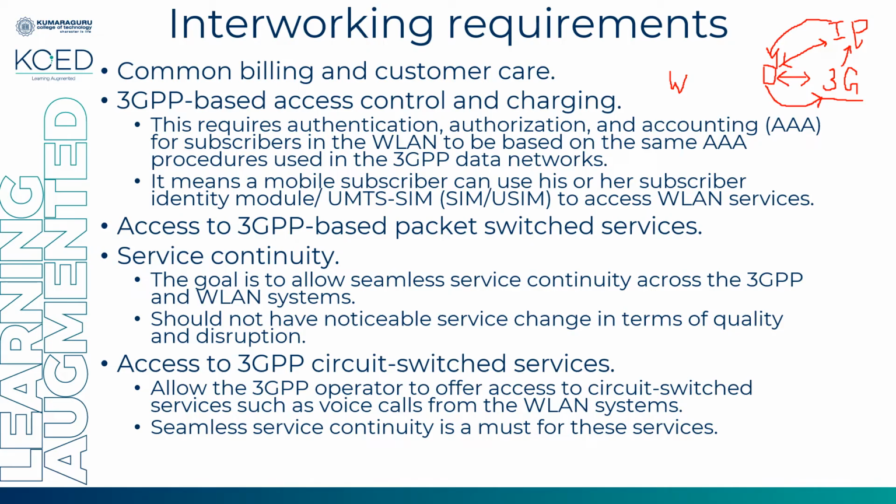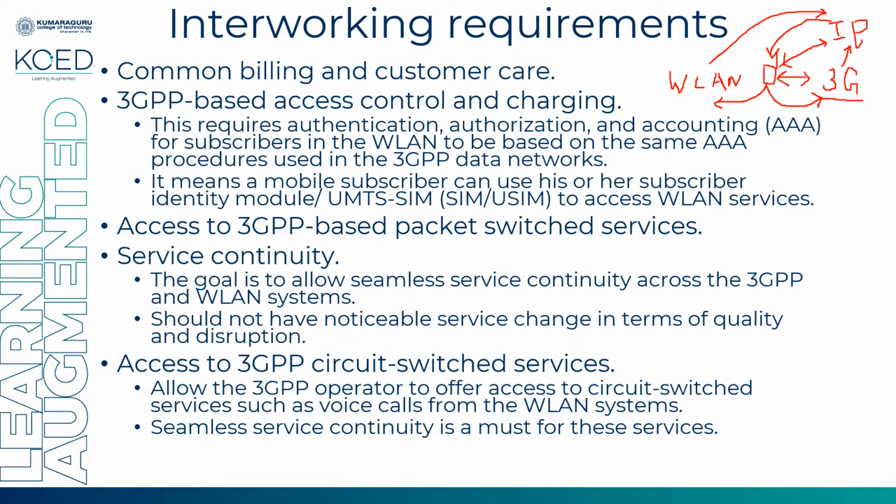It is up to the service I subscribe to, either choosing wireless LAN or choosing cellular for providing this. So I can use wireless LAN to subscribe for IP service, or I can use the cellular network to subscribe for IP service, or both IP and 3G can be the same service provider or they can be different service providers.